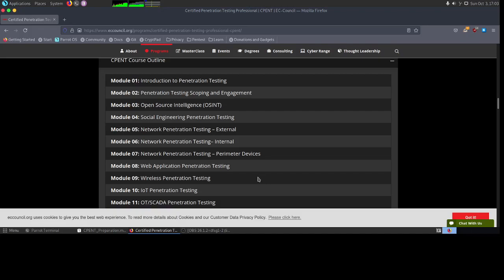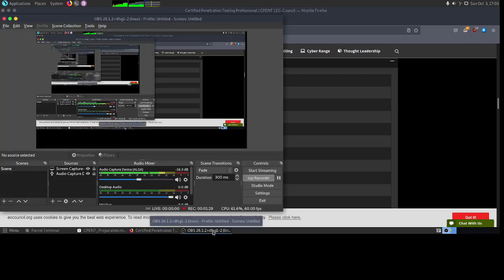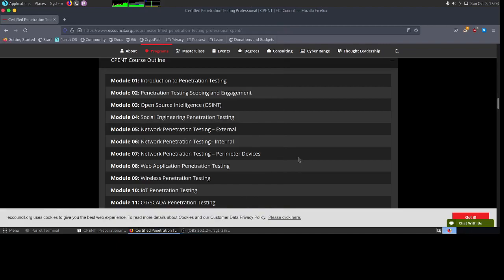Now this is very important because CPENT is not like any other certification where you just get a machine, you can directly access it and you run nmap -sC -sV and start from there. Basically you have multiple cyber ranges, and for each of these cyber ranges you have to first find out the machines, and these cyber ranges could be behind a firewall.